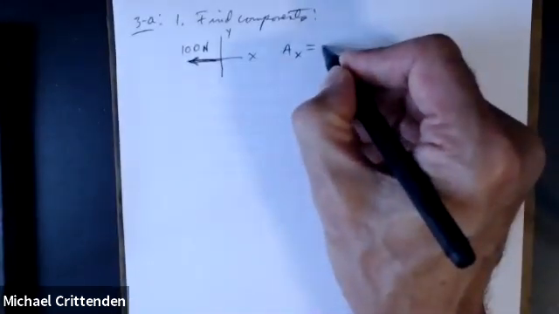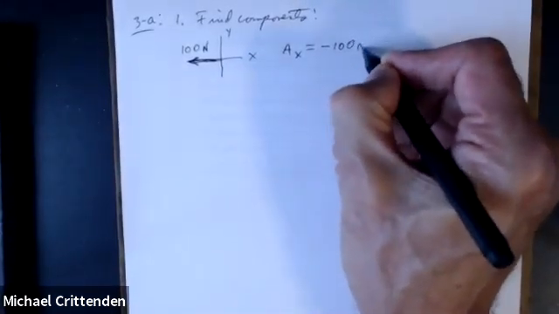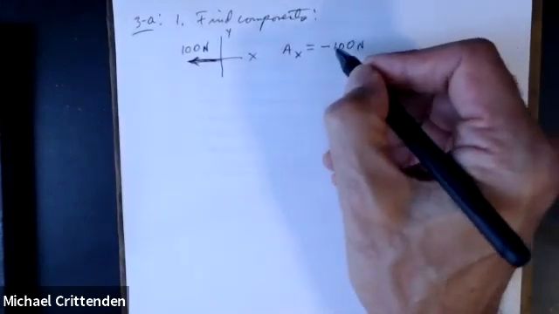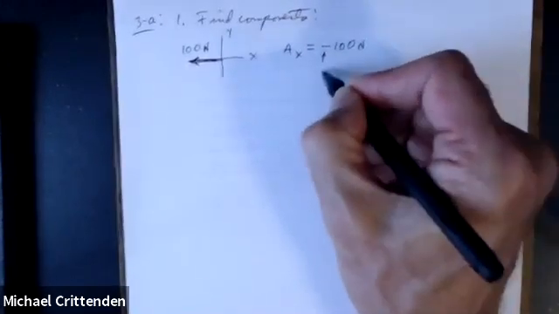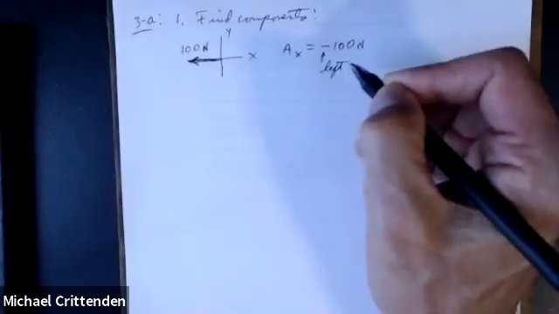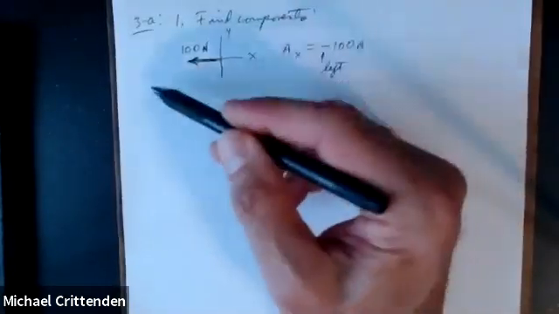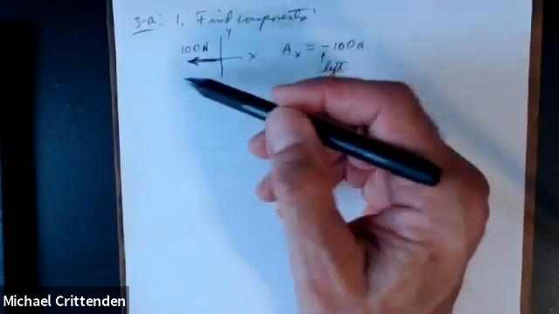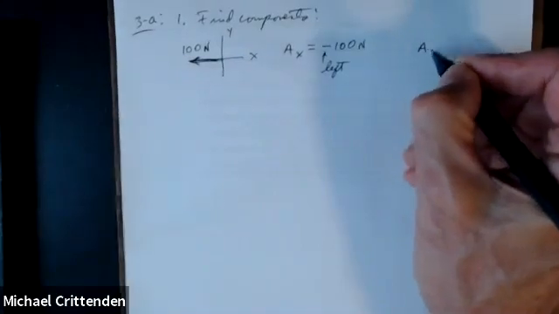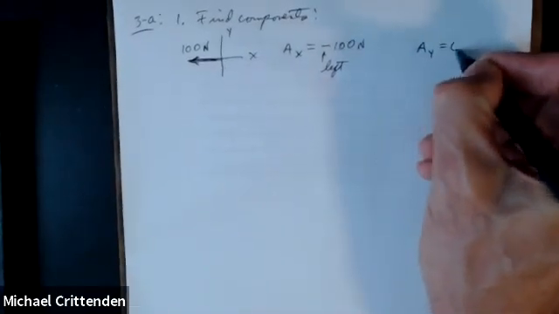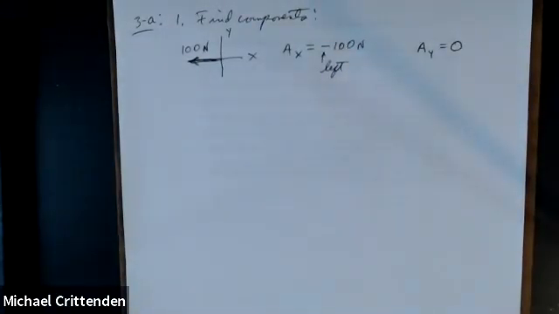And that's 100 newtons to the left. And since it goes straight to the left, it sits right on the x-axis. There isn't any up or down to it at all. AY is equal to 0.